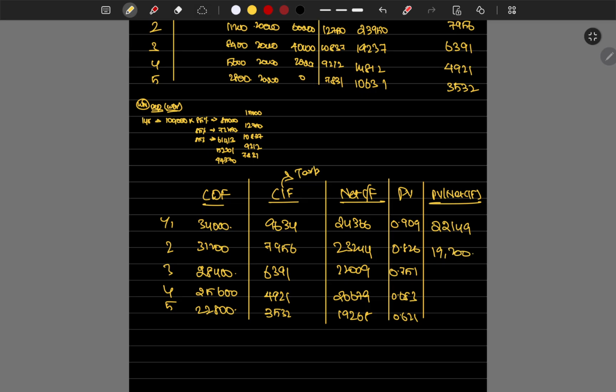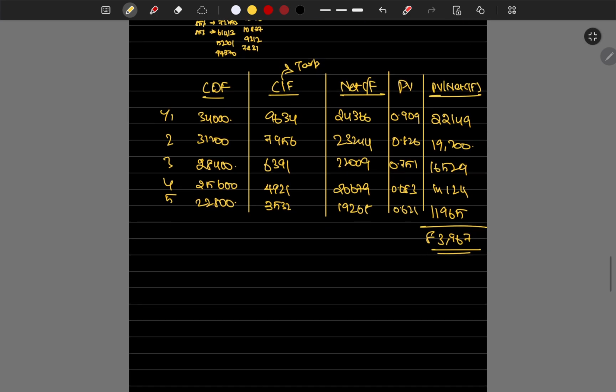Then 22,009 into 0.751, which is 16,529. 20,679 into 0.683, which is 14,124. 19,268 into 0.621, which is 11,965. Total is 22,149 plus 19,200 plus 16,529 plus 14,124 plus 11,965, which is 83,967.